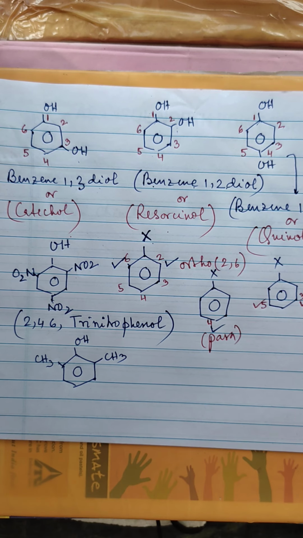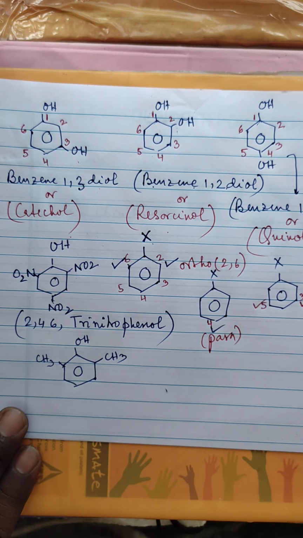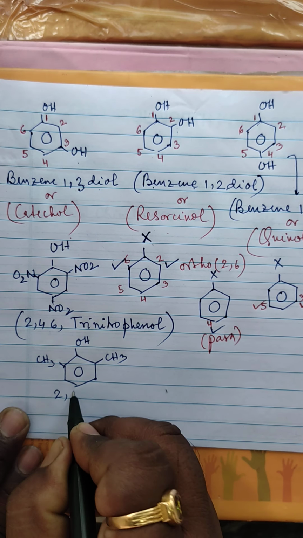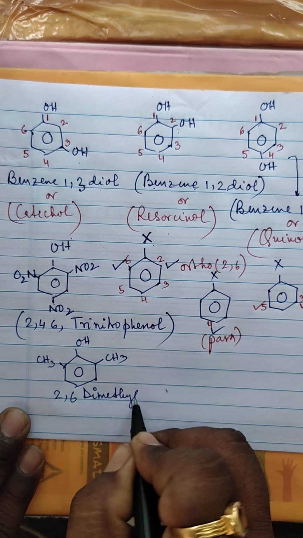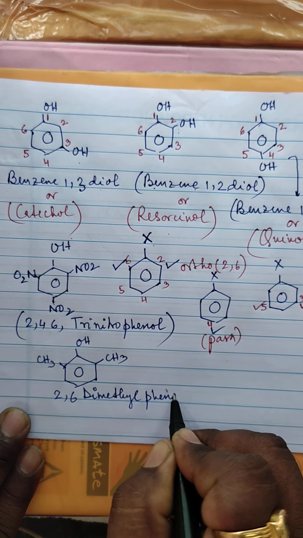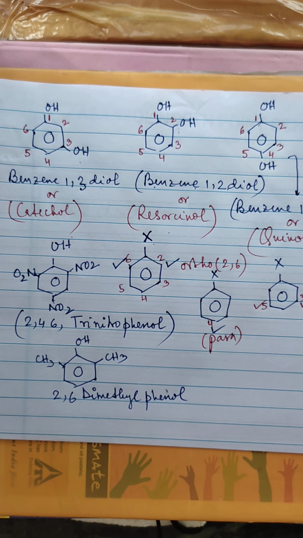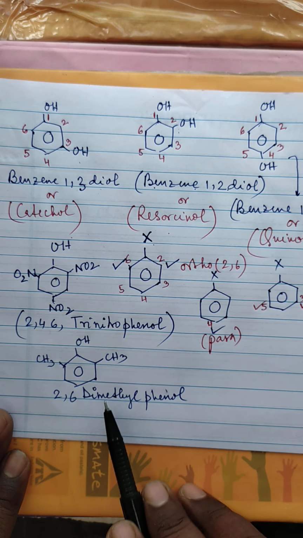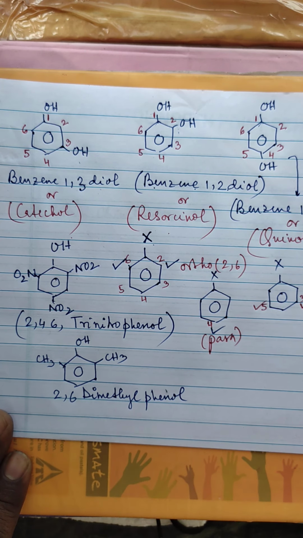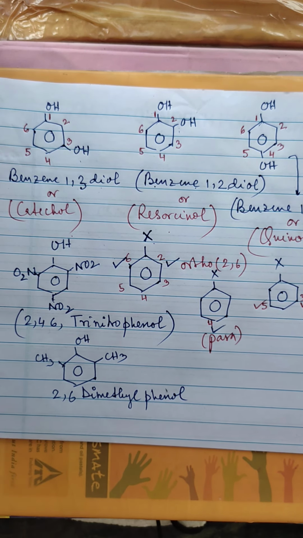The IUPAC name of the compound is 2,6-dimethylphenol. Why is it 2,6-dimethylphenol? Because in position 2 and position 6 we have the methyl group attached. So it is called 2,6-dimethylphenol.